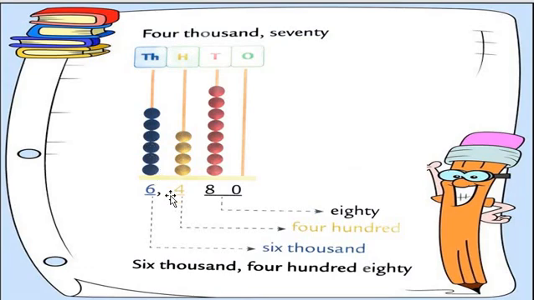Okay, and then the 100 place is 4: 1, 2, 3, 4. And the 10 place is 8, and the 1 place is 0. So the 6 in the 1000 place means 6,000. 4 means 400, and then 80. So how can we read 6,480? What, all students? 6,480. Got my point, all students?